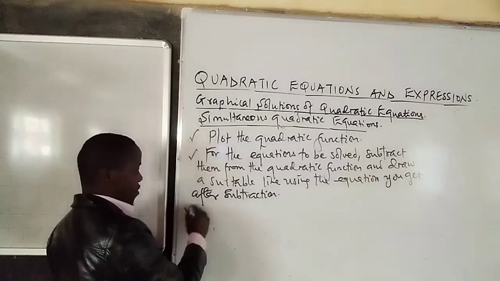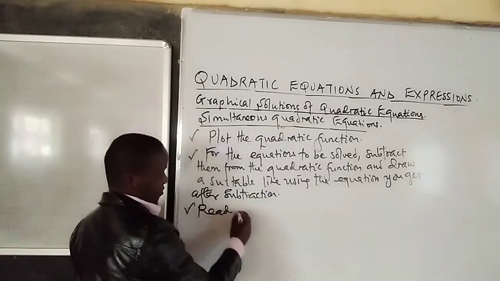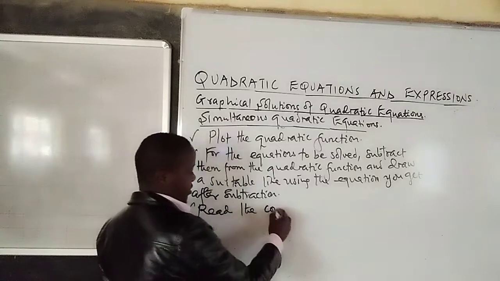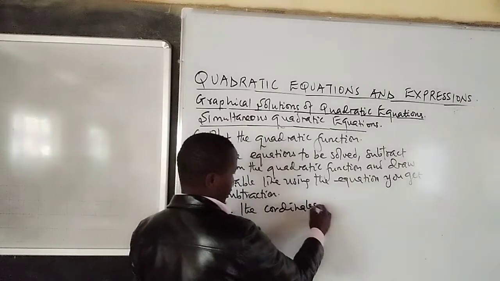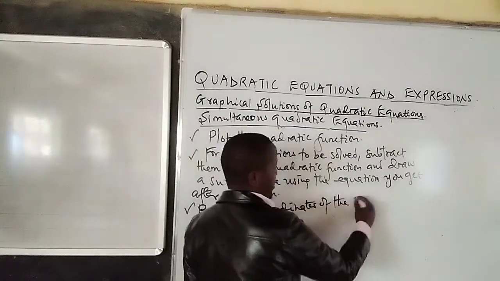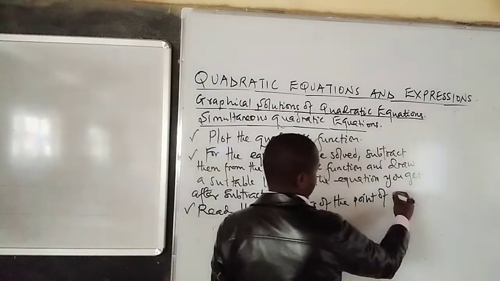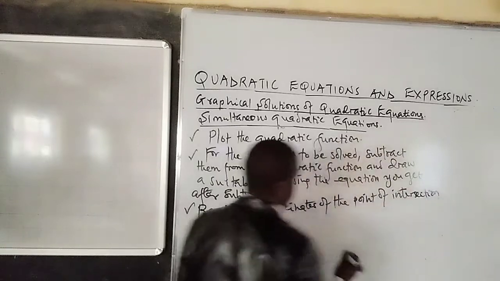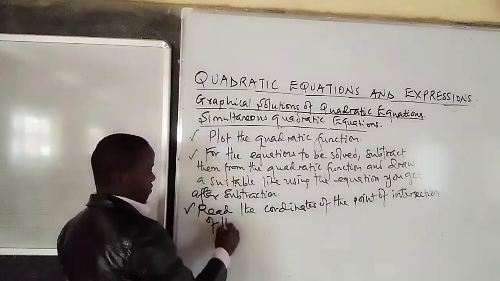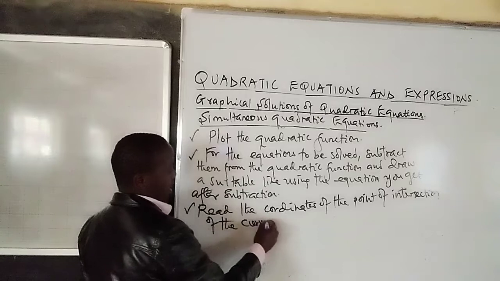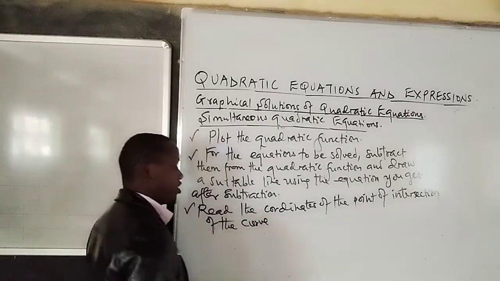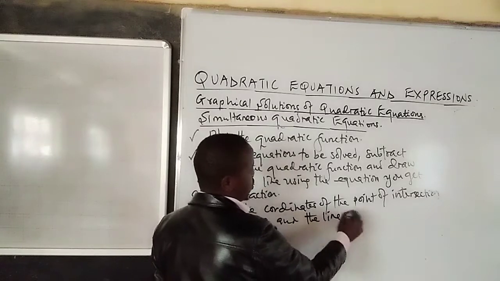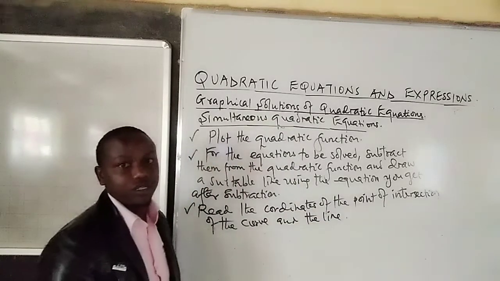Then after that, read the coordinates of the point of intersection of the curve, the quadratic function, and the line. That is what will give us the solution.